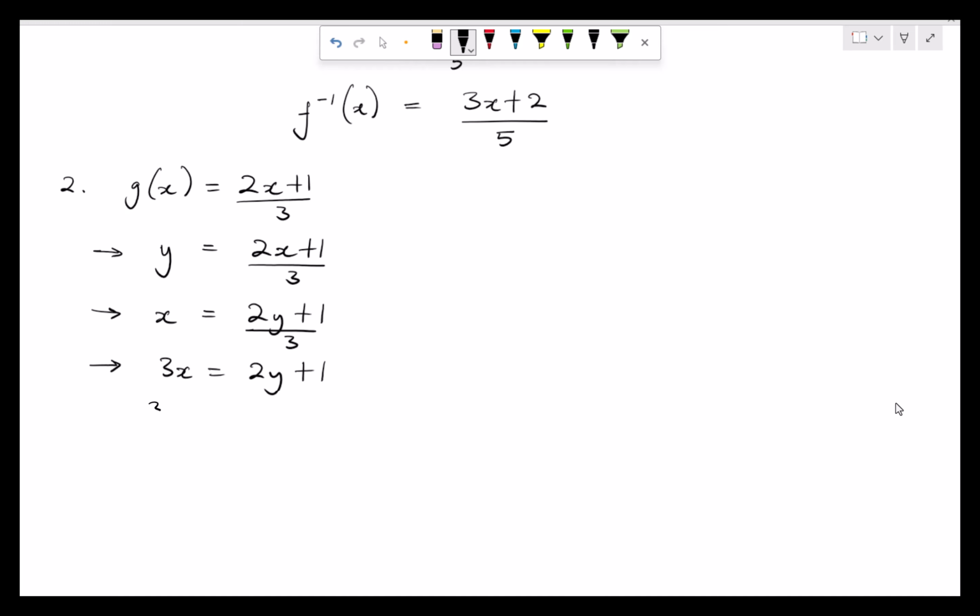Then 3x minus 1 is equal to 2y. Then you divide both sides by 2. And you remain with y is equal to (3x minus 1) all over 2. And this y is the inverse function of x.